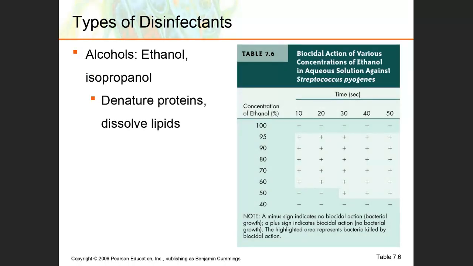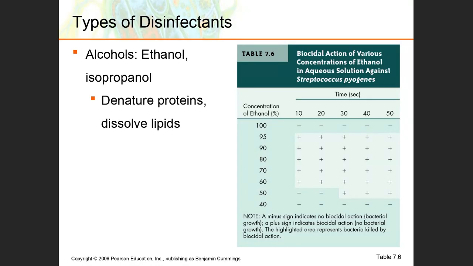When it comes to ethyl alcohol and isopropyl alcohol, so ethanol and isopropanol, alcohols are very effective because they both denature proteins and they dissolve lipids. So that's why the alcohol hand sanitizers are very effective. And you notice that you need to have at least 60% concentration of the ethyl alcohol to be effective.